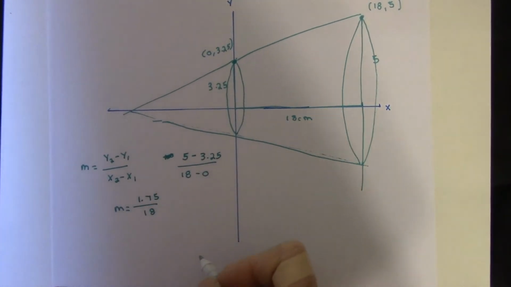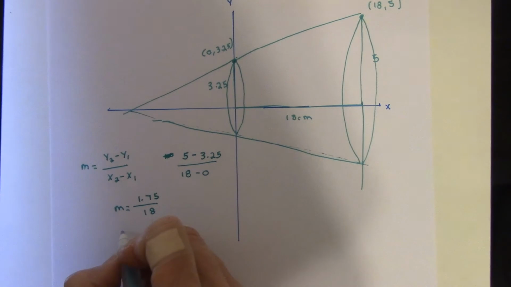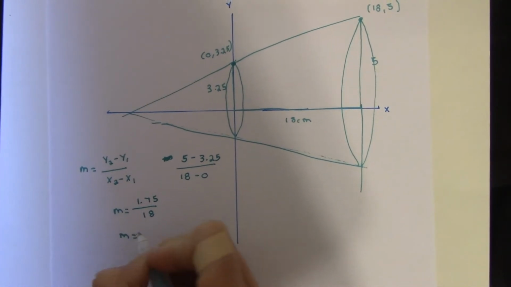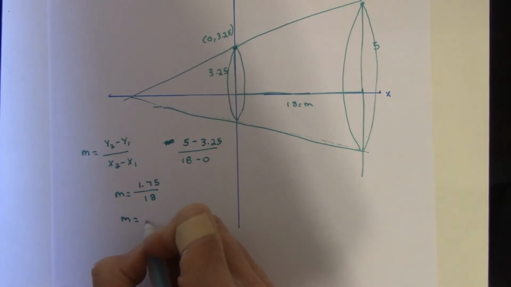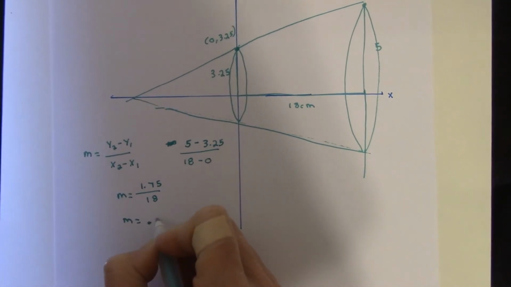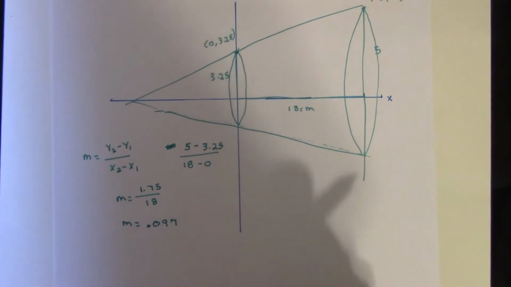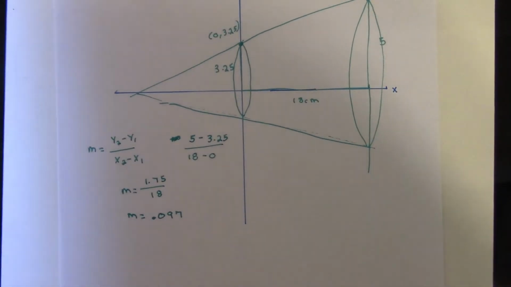That's my slope. I'll divide it out on the calculator to get an approximation, and the slope is approximately 0.097.